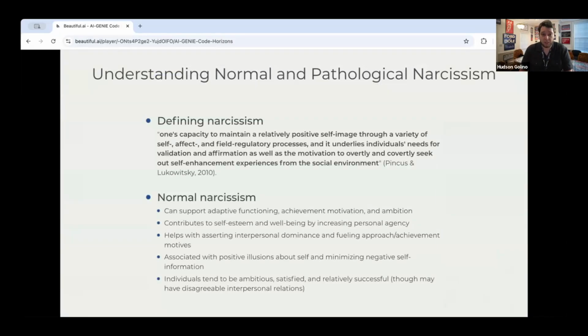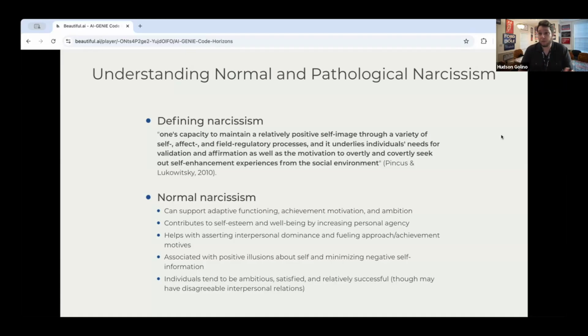The definition of narcissism, according to this paper, led by Pincus and Lukowitsky in 2010, is basically one's capacity to maintain a relatively positive self-image through a variety of self-, affect, and field regulatory processes, and it underlies individuals' need for validation and affirmation, as well as the motivation to overtly and covertly seek out self-enhancement experiences from the social environment. The authors suggest that there are two types of narcissism, one that's normal and one that's pathological.